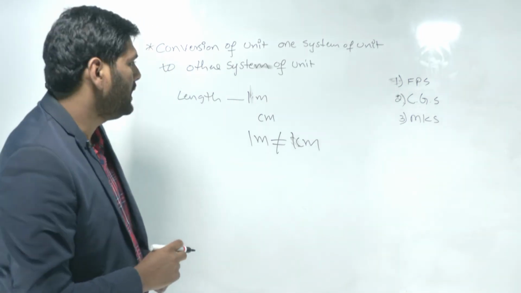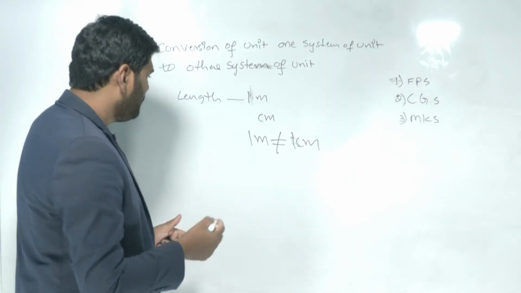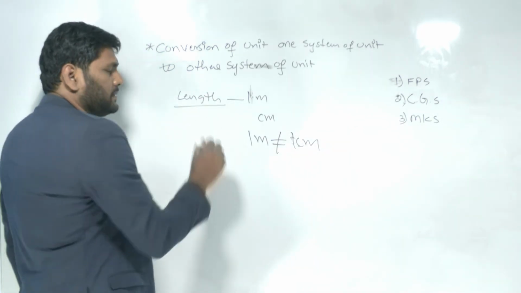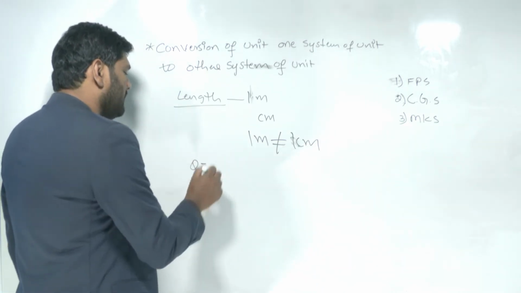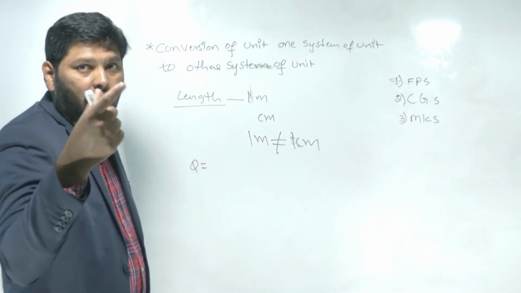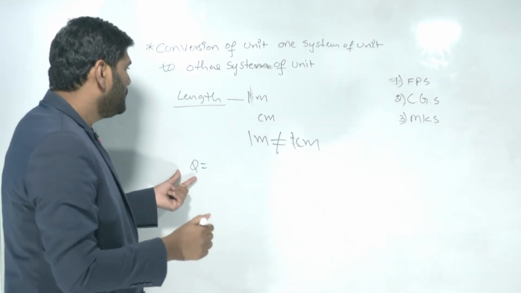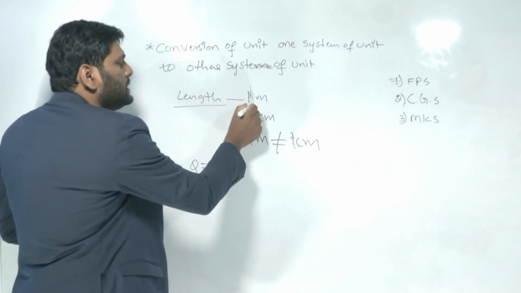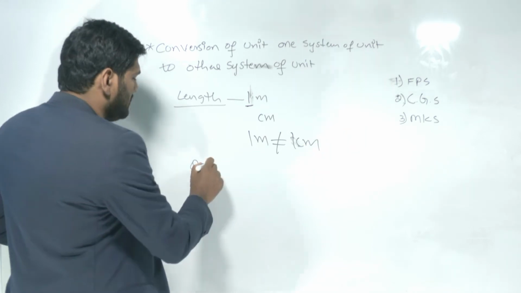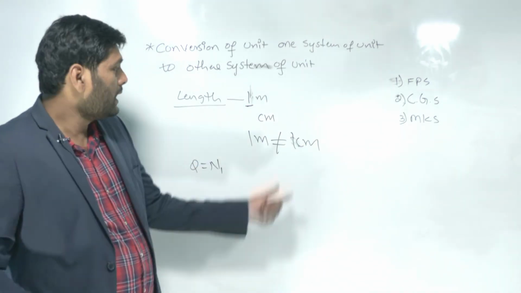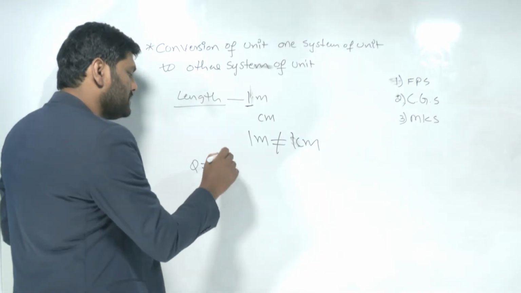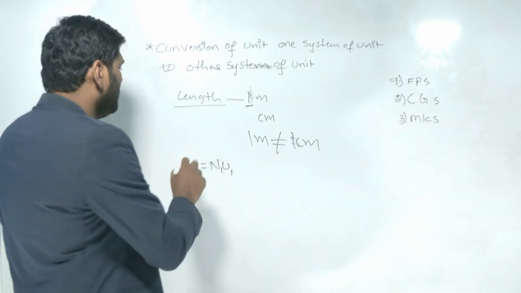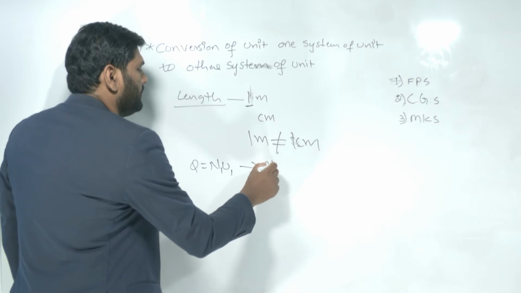In one system, we are measuring a length value q. That q is equal to n1, which represents magnitude, and u1, which represents unit, in MKS system for example.